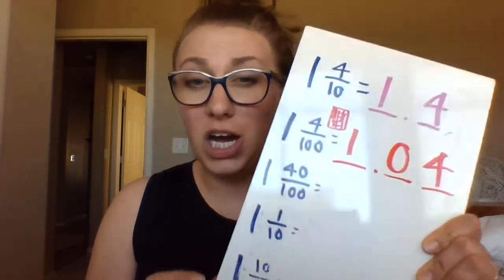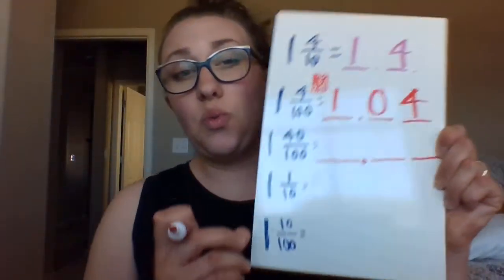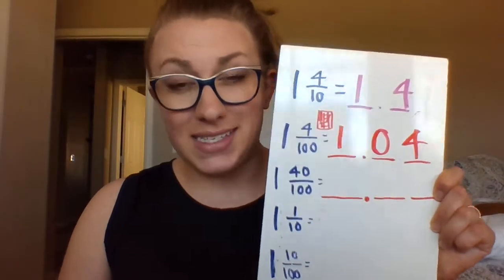The next one we have is 1 and 40 hundredths, okay? Once again, I'm looking at the place value of the denominator, and I notice that it's hundredths. So I know that I'm going to have 2 spaces after my decimal point. Write what that looks like as a decimal.